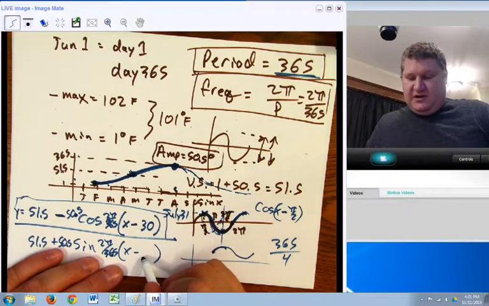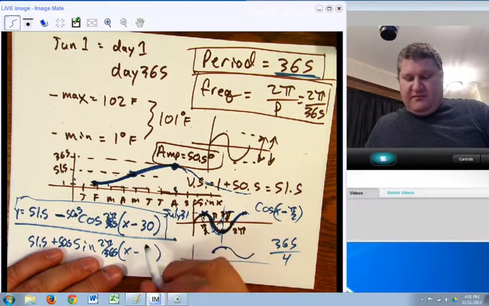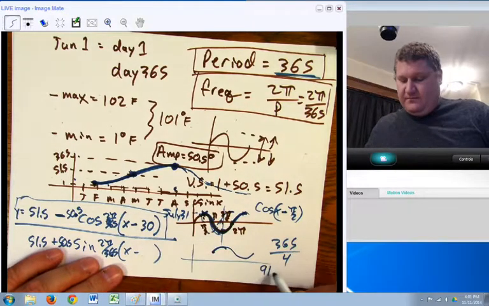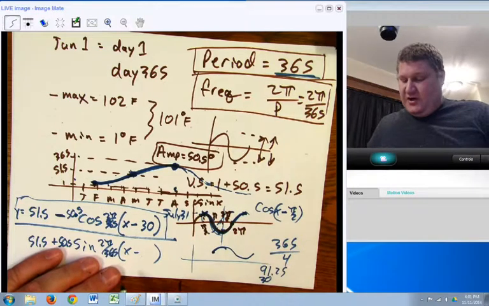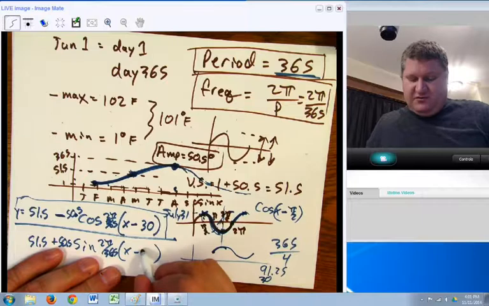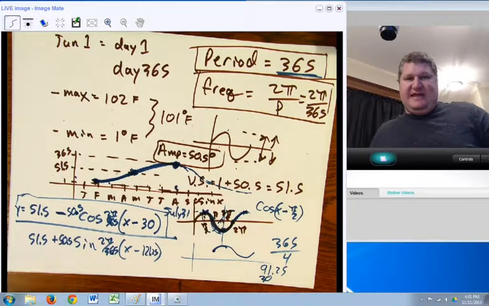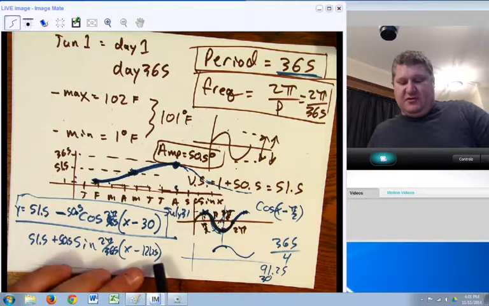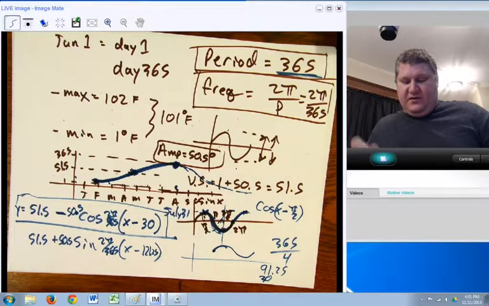So 91 1/4 added on to the 30 we've already moved. So we come up with 121.25. Now, obviously, if we're dealing with days as our minimal unit, the 0.25 we can eliminate.